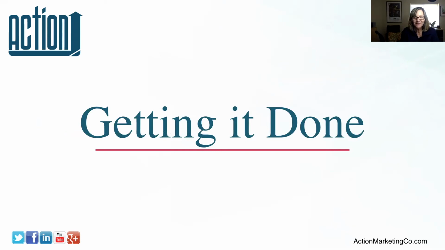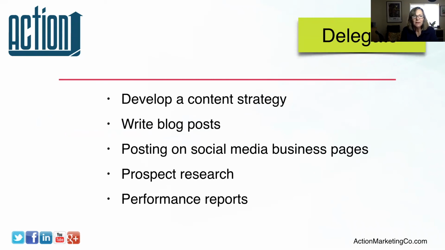Okay, so how do you get all this done? A lot of work. Some things you can delegate, some things you should do yourself. Let's talk about that. You can delegate developing a content strategy. You want a content strategy so you're not random, and that's how you figure out what's going to be important and relevant.